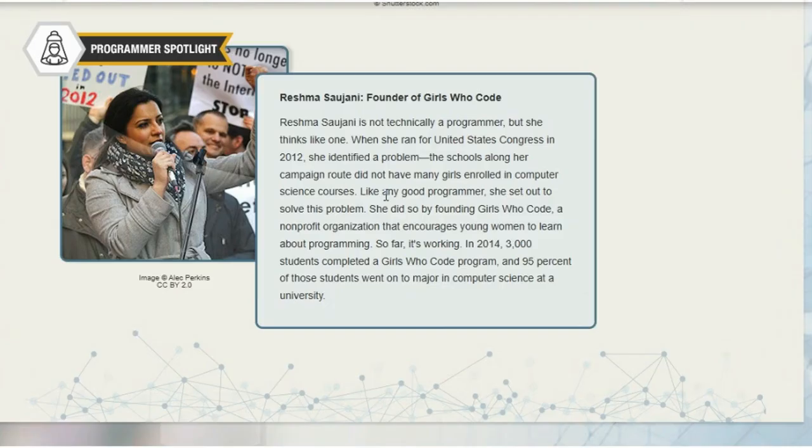So, like any good programmer, she set out to solve this problem. She did so by founding Girls Who Code. This is a nonprofit organization that encourages young women to learn about programming. And so far, it's working. In 2014, 3,000 students completed a Girls Who Code program, and 95% of those went on to major in computer science at a university. That's really cool.